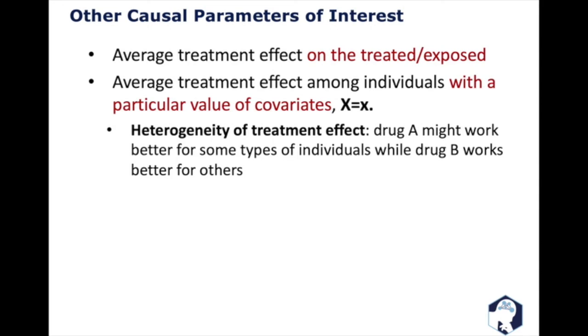And this is really interesting in terms of this idea of precision medicine and heterogeneity of treatment effect, where certain drugs might work better for certain types of individuals. And if we can figure this out, if we can estimate these treatment effects for different subgroups of people, then we can better personalize treatment by tailoring drugs to individuals that are optimal for them.